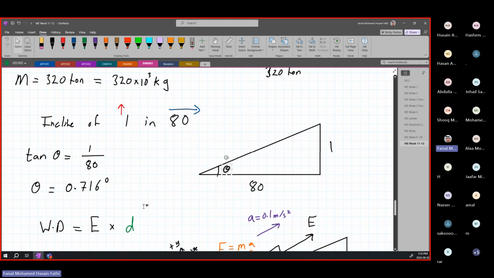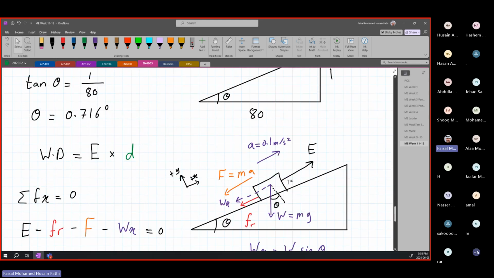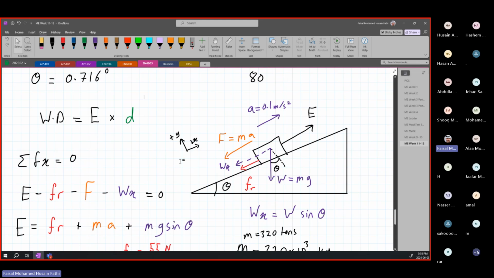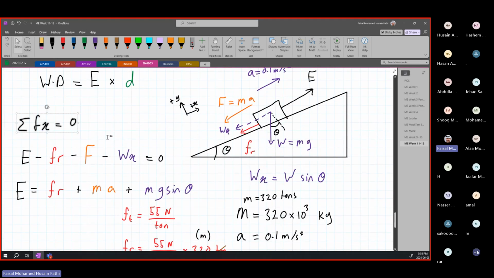Just find the angle. Once you find the angle, you can now apply your basic mechanics, of summation of forces and equilibrium and all of that. You will know that you're going to have the weight downwards and the friction opposing the motion. And the motion is going to be upwards, which is E. And because we have an acceleration, there's going to be an inertial force going backwards or holding it back, which is MA. Then we're going to plug it all in our sigma fx equation.